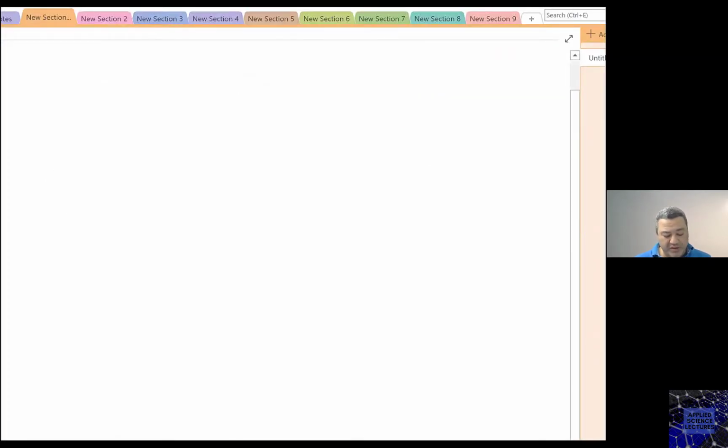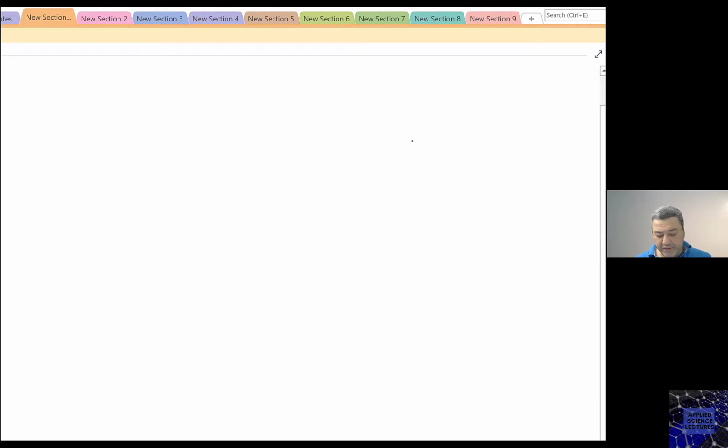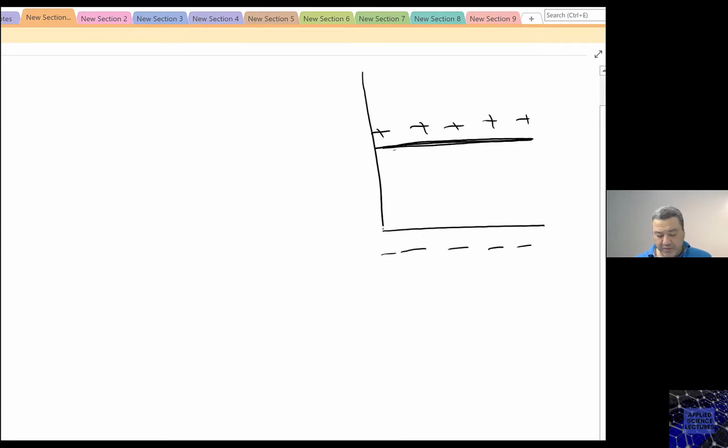Let's work on this. So we have the positive plate, as we said, at the top, and the negative plate at the bottom, and this is the x-axis. We know that the electric field is pointing downward this way.